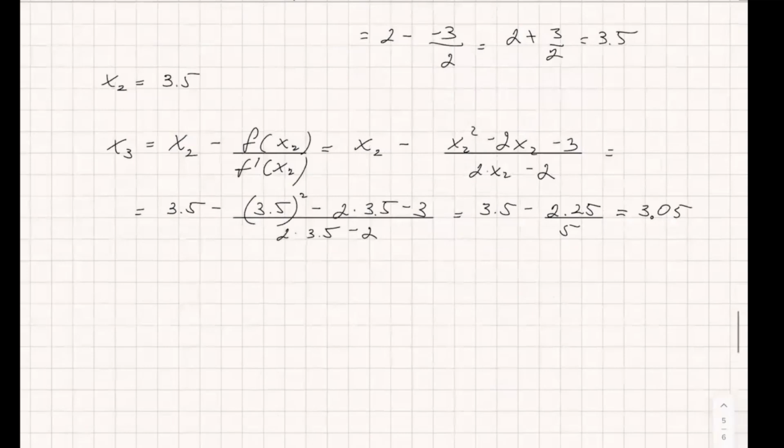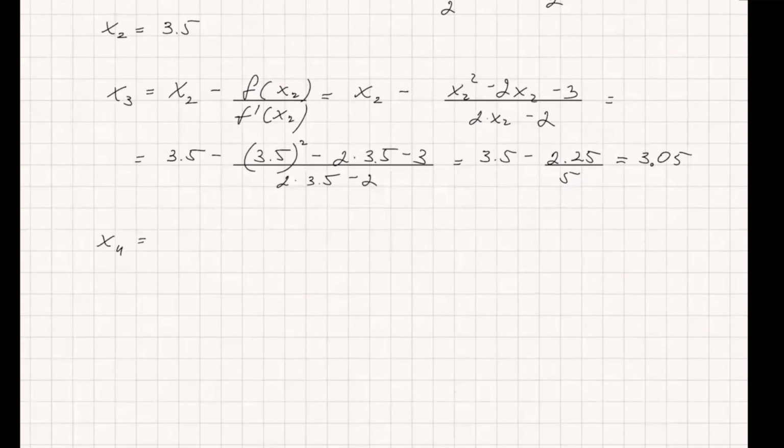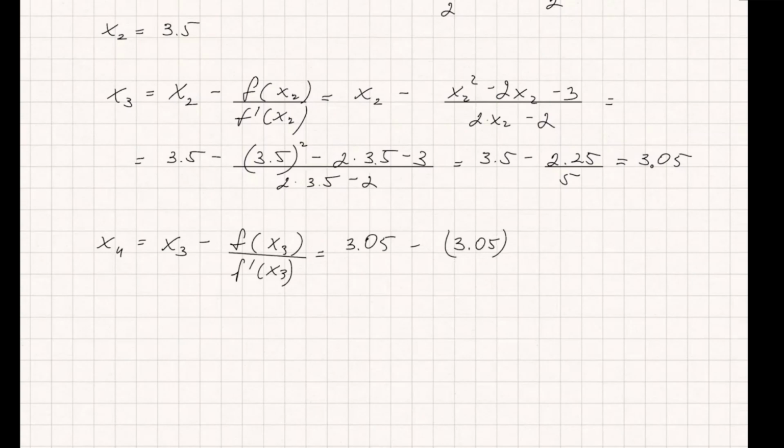So now if I continue on, for x4, I will have x3 minus f of x3 divided by f prime of x3, which is 3.05 minus (3.05 squared minus 2 times 3.05 minus 3) divided by (2 times 3.05 minus 2).